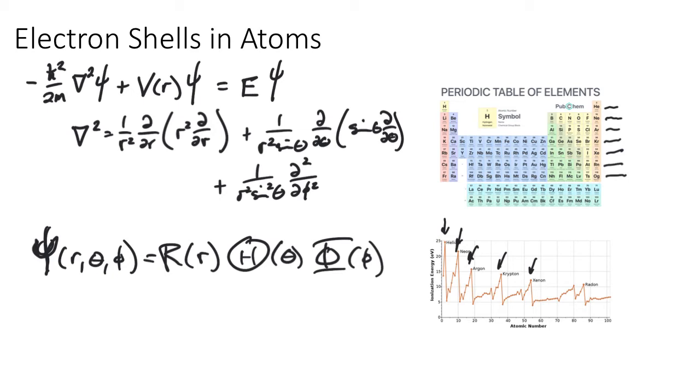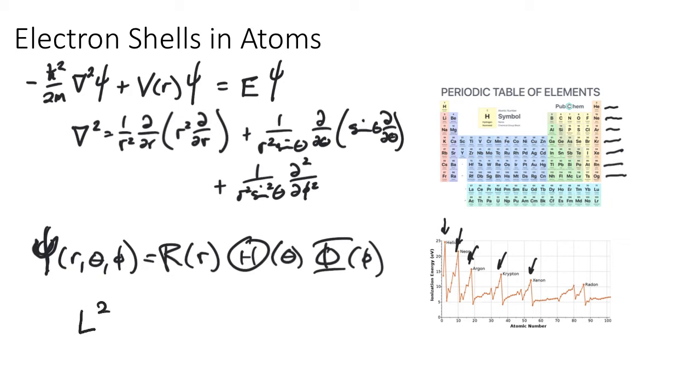Now, we could treat each separately, but I'm going to skip ahead and just combine the polar and azimuthal parts, the angular parts of the Laplacian, into an angular momentum operator and find solutions to that rather than doing azimuthal and polar separately.